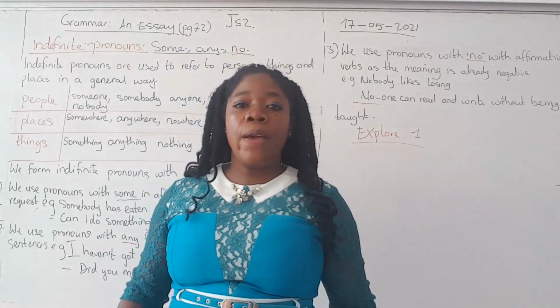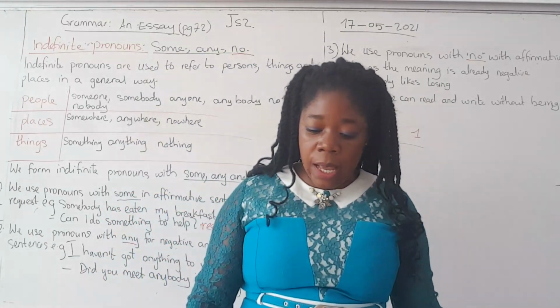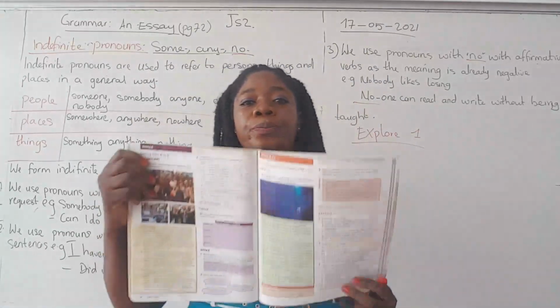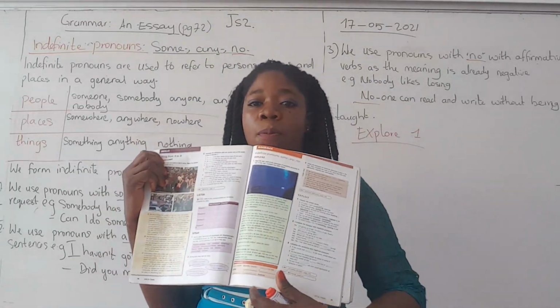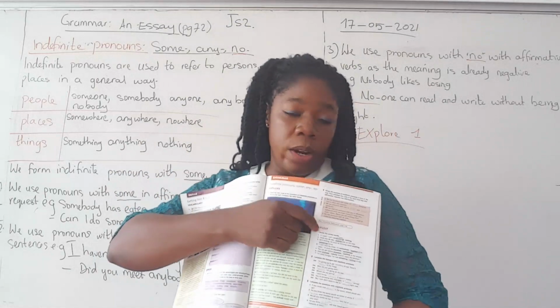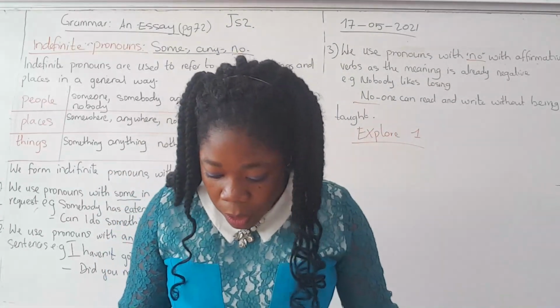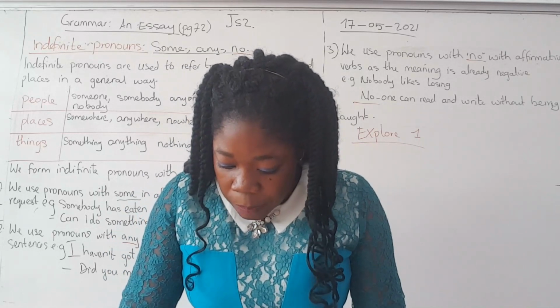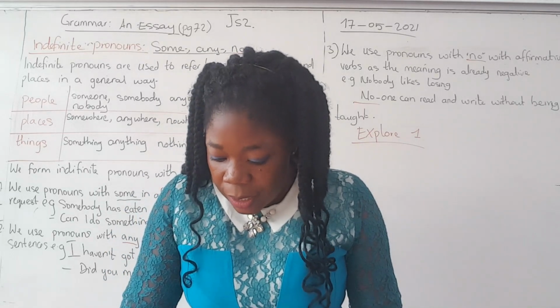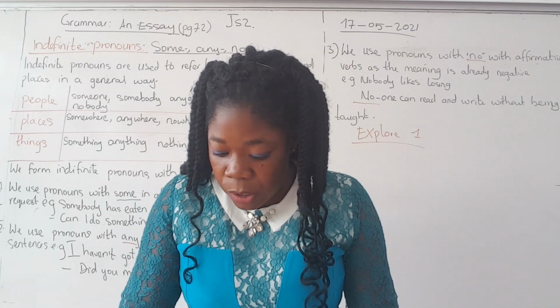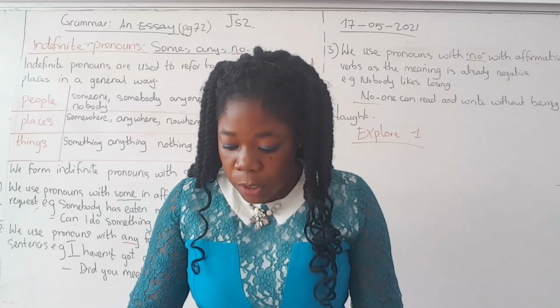And then we have exploit exercise 1. I'm going to do the exercise. Choose the correct word. It's dark. I can't see anything. Number 1 has been done for us, so we move straight to number 2.